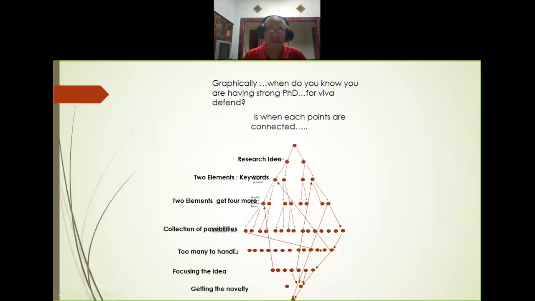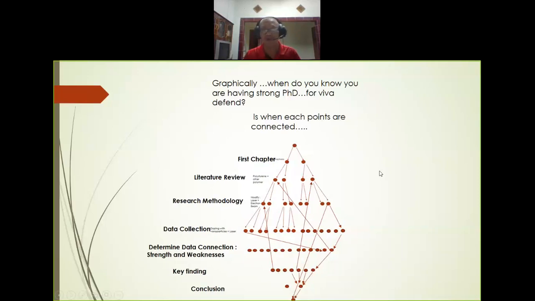Then you start to realize that there are too many to handle, so you need to reduce them, and then you start to focus on things, and after focusing you need to find out what is the novelty of the research, and that is the theme of your whole research idea.